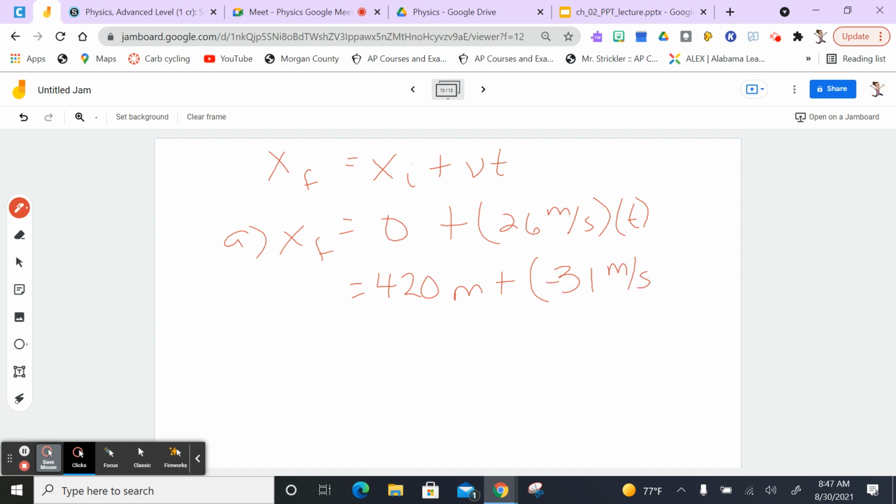No, so we got to put a negative sign right there because it's traveling towards you while you are going in the opposite direction. So here you are at time 0, going in this direction down the highway. The truck is coming in the other direction, but it's 420 meters away. So its velocity is negative 31 meters per second at time t, whatever that time is. So this is for the truck. This is for the car. Okay, does that make sense?